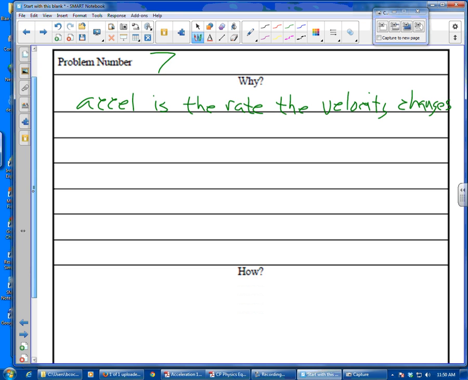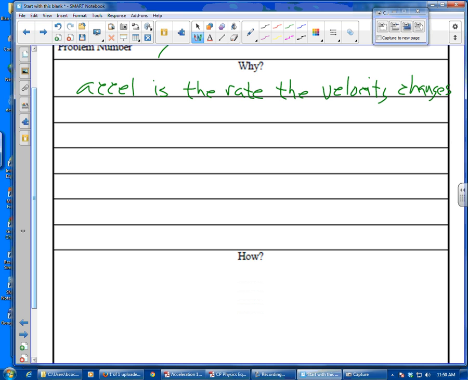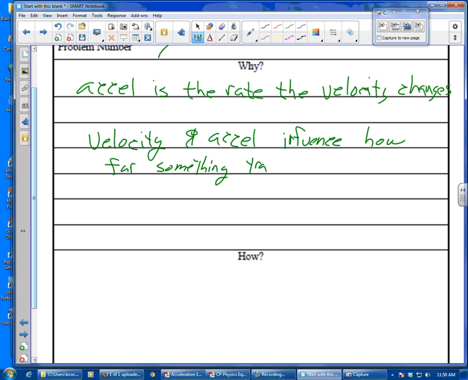I think what's important to realize is that velocity and acceleration influence how far something travels in a given time.